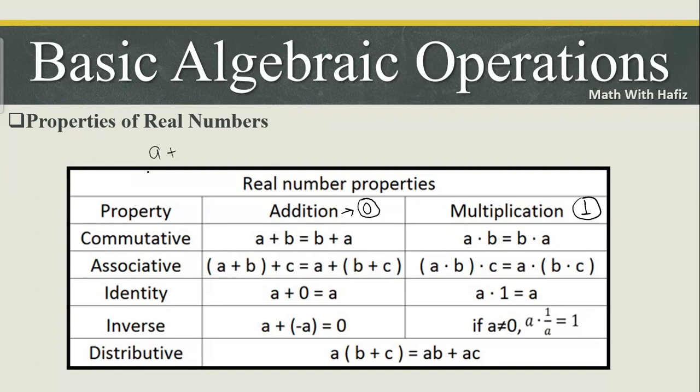And 1 is also a multiplicative or divisive identity. So if you add 0 to any number, 5 plus 0, it should not change the number. If it does not change the number, it means 0 is an identity for addition.